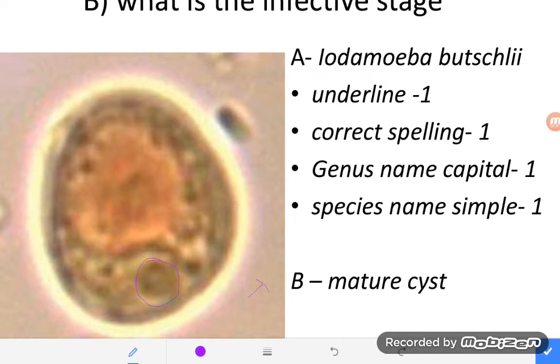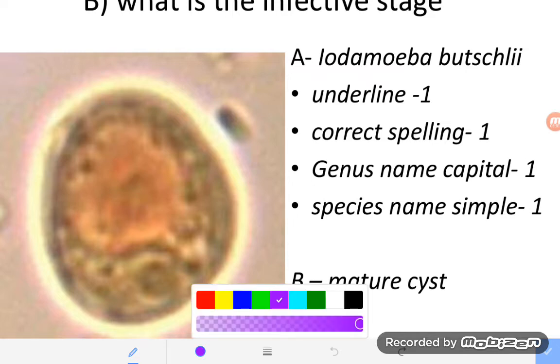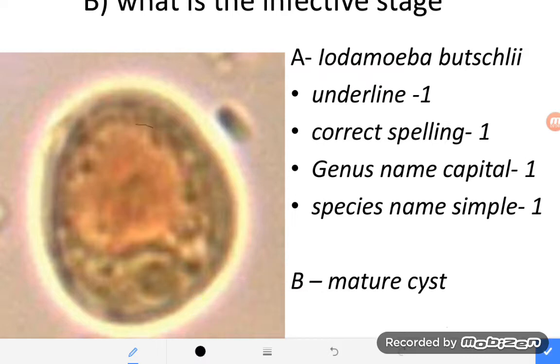Here you can see the dark color, and the glycogen mass. In an iodine smear it is normally brownish in color. Here you can see the single nucleus, right?